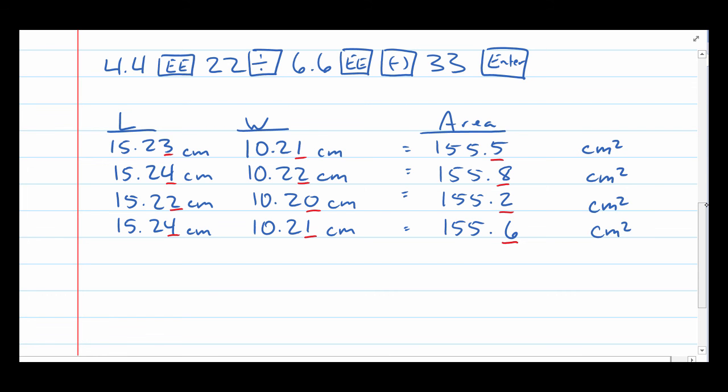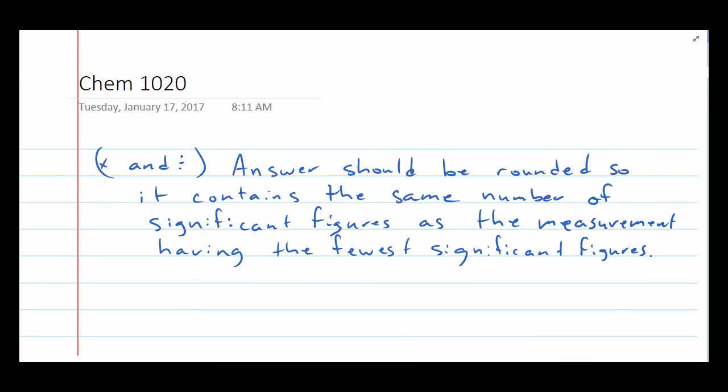And so that's why we round these off to contain 4 significant figures. So again, what you do is you evaluate the measurement that has the fewest significant figures, and you round your answer off so it has the same number of significant figures as the measurement having the fewest significant figures.